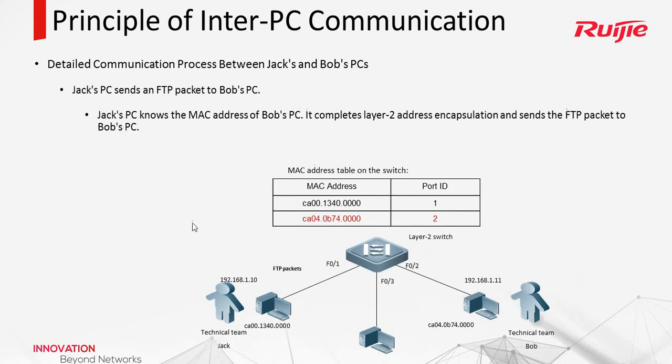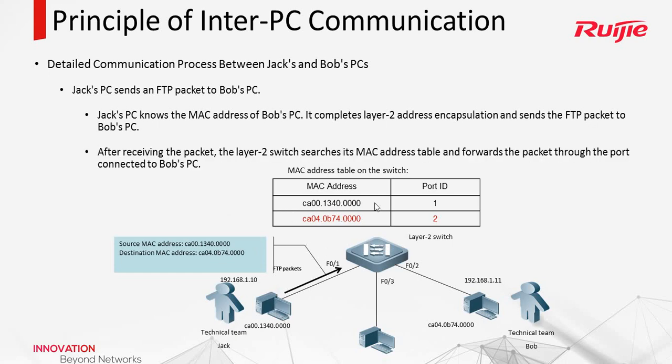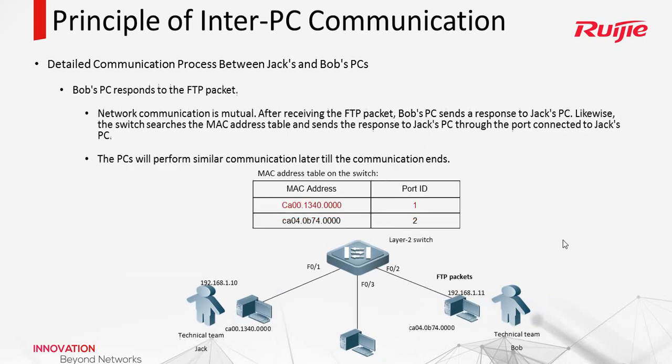Now, Jack's PC can start to send the FTP packet to the switch, and the switch will check the MAC address table, then send it to Bob's server from port 2. Then Bob's server will reply to this packet, and the switch will check it and send it to port 1.